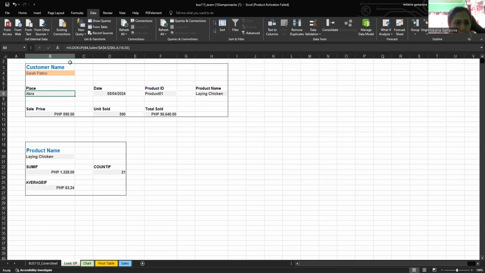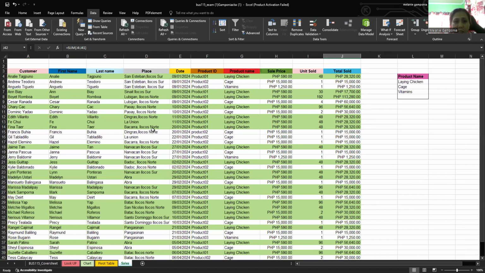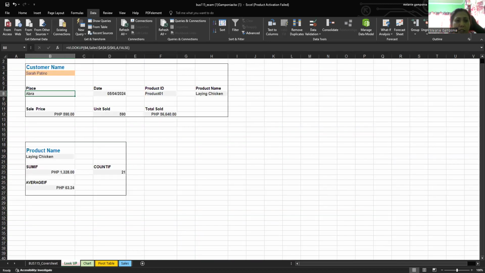I used a VLOOKUP formula. I look up the customer, my table array is in the sales sheet, and the column of the place is 1, 2, 3, 4. Then this is the place.